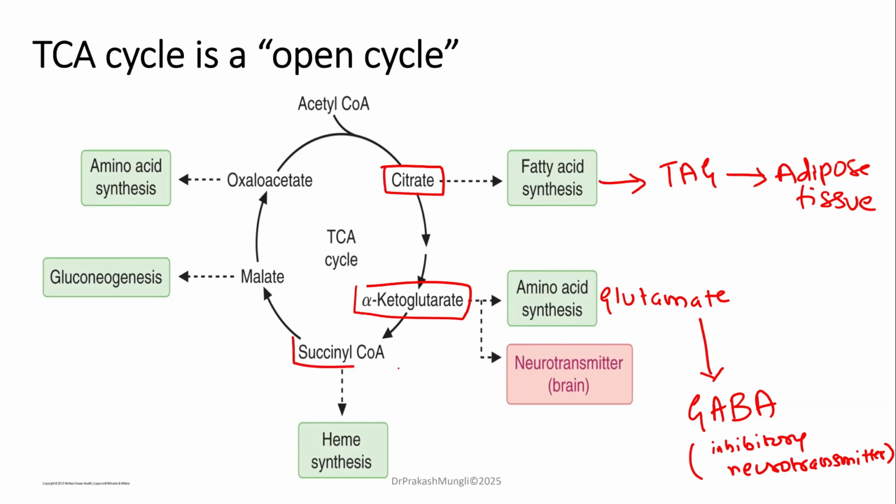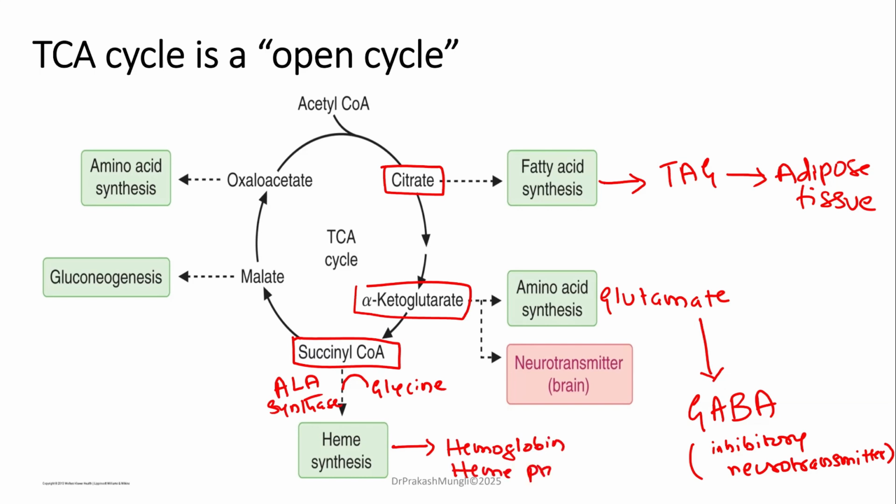And then succinyl-CoA. Succinyl-CoA will combine with the amino acid glycine through an enzyme called ALA synthase, and make heme. And heme goes into hemoglobin or heme proteins.